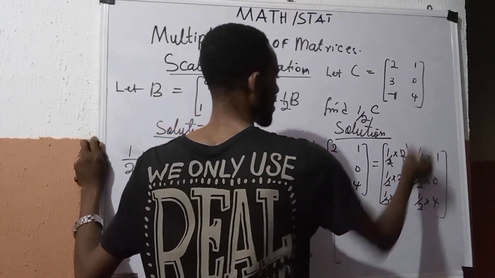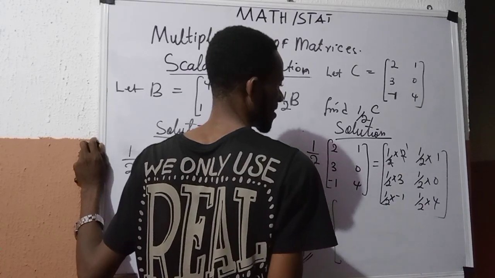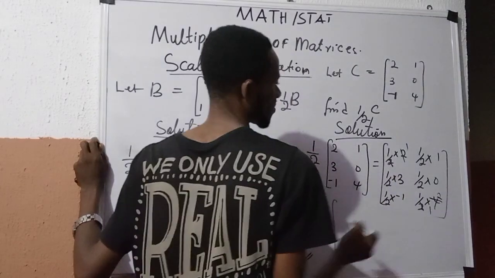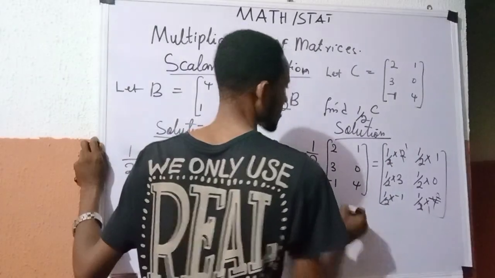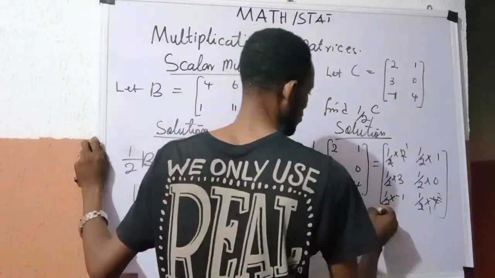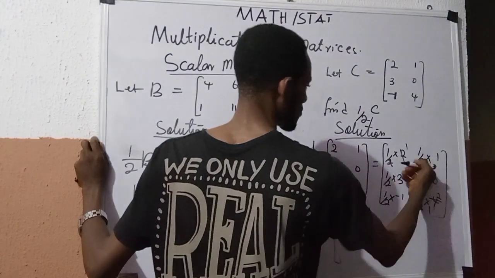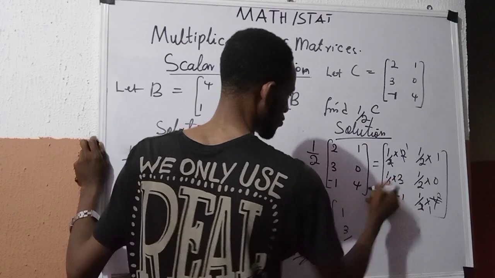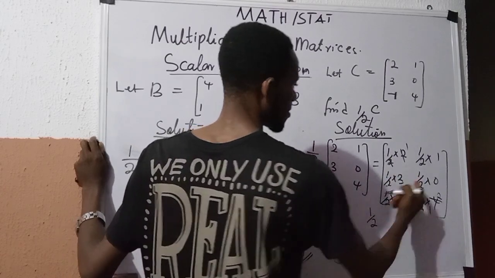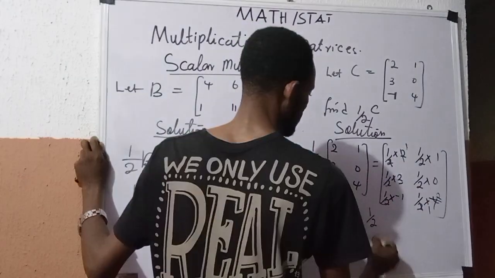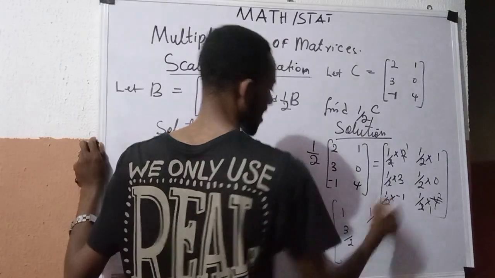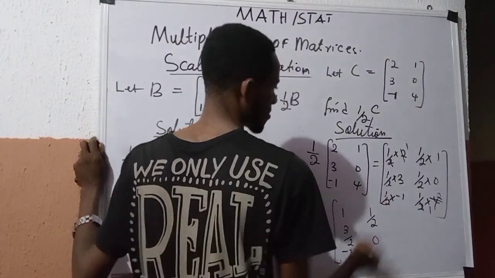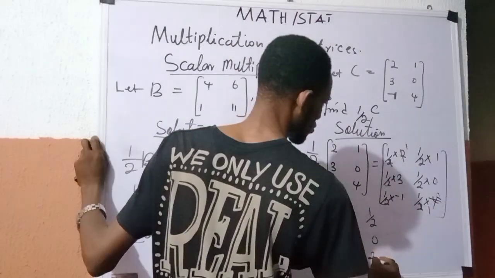So this equals, you open again. These 2 cancel these 2 here, 1. These 2 cancel this 4 to give you 2. 1 times 1 here is 1, 1 times 1 here is 1 over 2, 1 times 3 is 3 over 2, 1 over 2 times 0 is 0, 1 times minus 1 over 2, and 1 times 2 is 2.